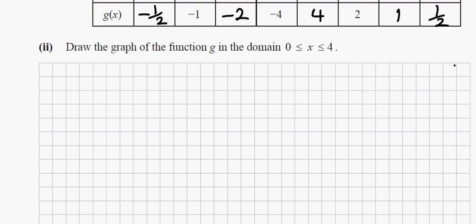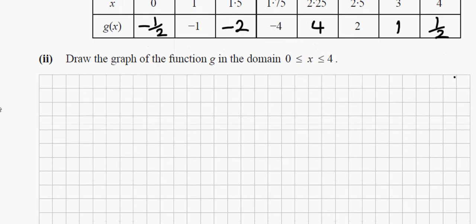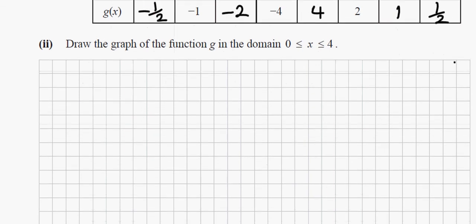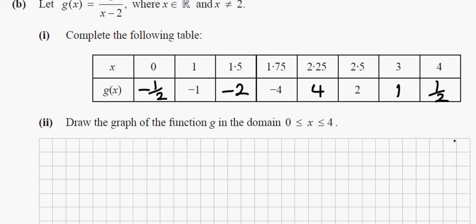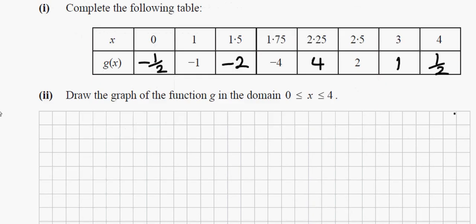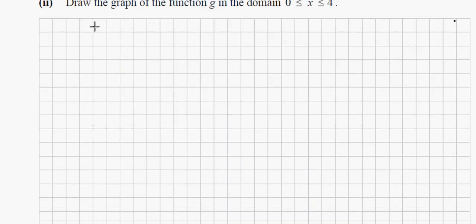We need to draw all these points, so we're going to need an x-axis and a y-axis. Now, the x values start from 0 to 4, so we're going to space them out nicely.